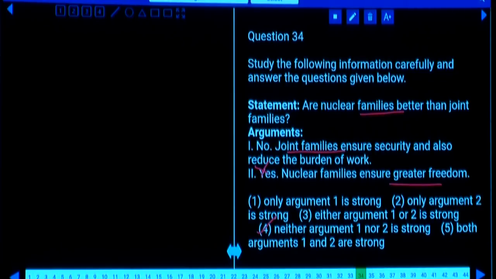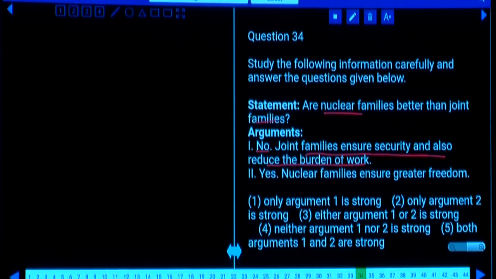Then question number 34. Are nuclear families better than joint families? Now we need to discuss the advantages and the disadvantages. 'No' means nuclear families are not better than joint families. Now we should discuss the advantages of joint families and the disadvantages of nuclear families. Joint families ensure security and also reduce the burden of work. Isn't it?